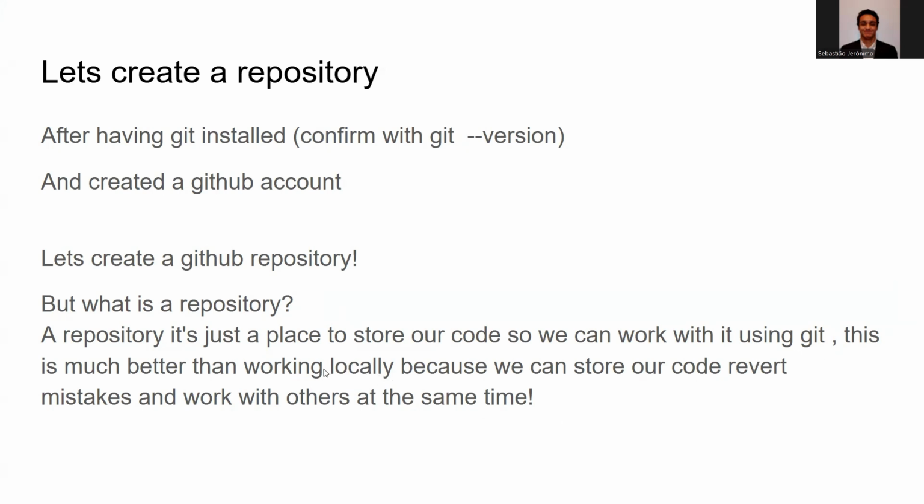Why would anyone do this? Because if we don't use GitHub and Git, we would just be sending our code through messages. It's much more convenient if it's a place that everyone can access, and you can manage it with Git and collaborate in real time. So that's why we use it.